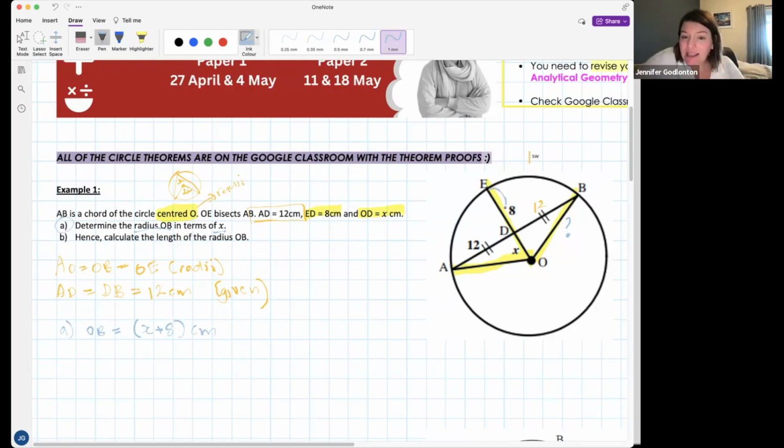Because we know that ED is 8 and we know that DO is x. So this whole line over here is 8 plus x. And we know that they are radii. So if that is 8 plus x, then this is 8 plus x, or x plus 8. Same, same. Does anyone not understand that before we move on to B? Please let me know.